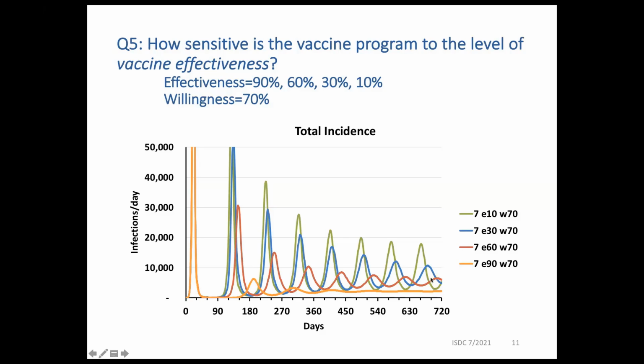Successively lower values of effectiveness show successively higher levels of infection with much higher and somewhat more frequent peaks. The duration of the oscillations increases as effectiveness goes down, and at the lowest level, they go on indefinitely.